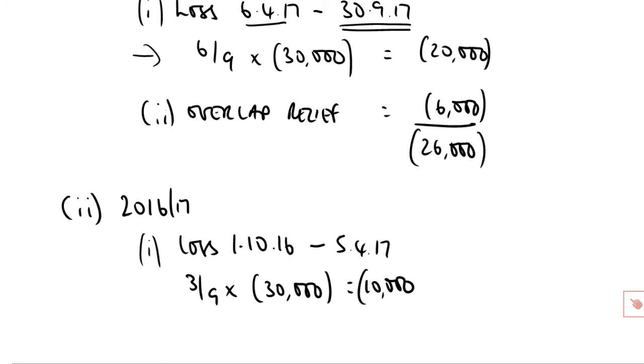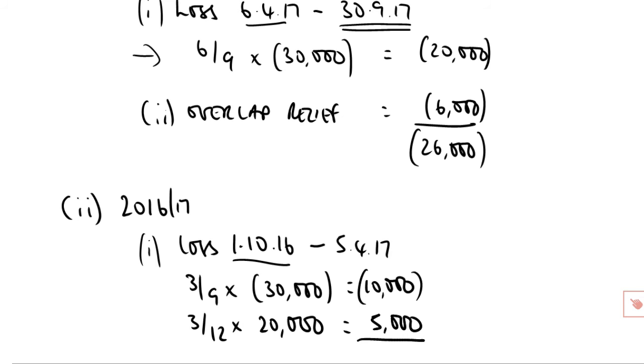Right. We now need another 3 months to take us back to the 1st of October, and that 3 months is taken from the penultimate accounting period of profit, in which we made a profit of £20,000. 3/12 therefore of 20,000 will be £5,000.